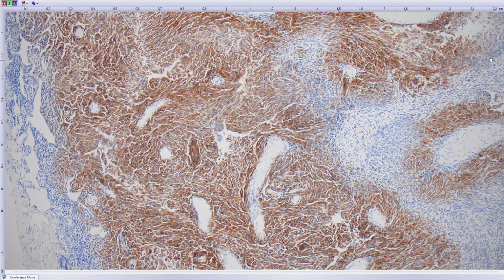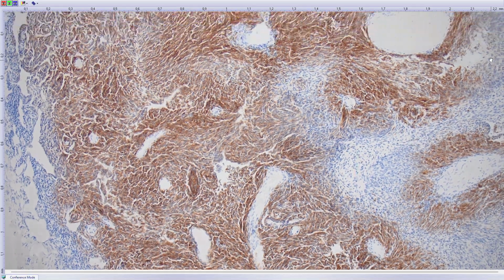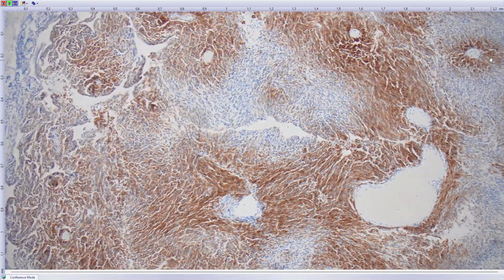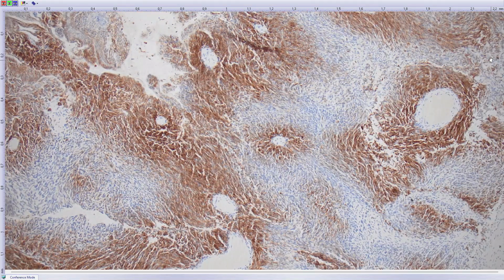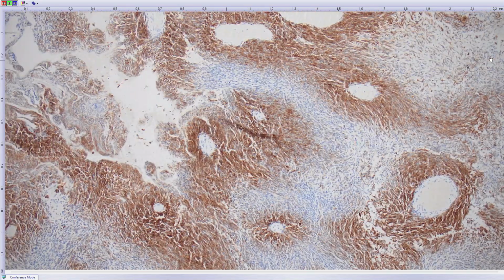Yeah, because this is quite typical morphology for uveal malignant melanoma. Of course, you may have cutaneous melanoma or mucosal melanoma with morphology like that, but I'm almost sure that it comes from uveal. Although I don't know the follow-up of the patient.